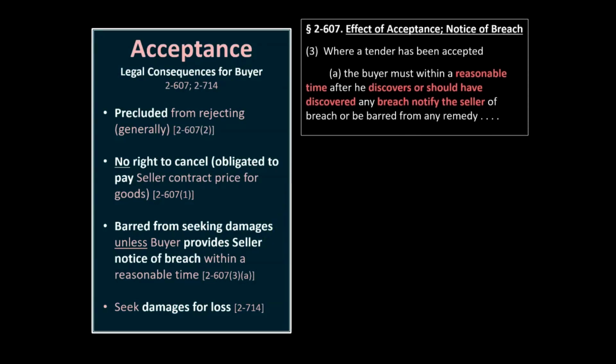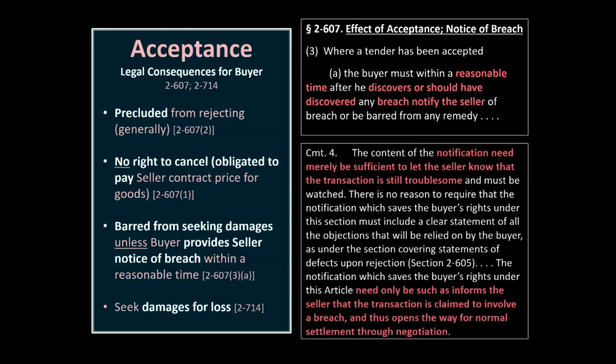Likewise, as to the contents of the buyer's notice, what is required under subsection 3A is quite different than what is required in the buyer's notice where the buyer is rejecting a nonconforming tender.